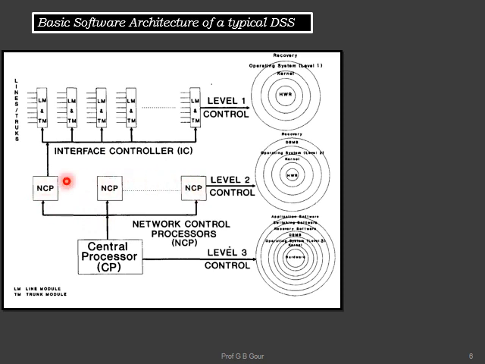We can say that level 2 is something like the heart of this DSS. So that's why we need a processor here, and many NCPs are there. Just now you have seen the data about one subscriber.